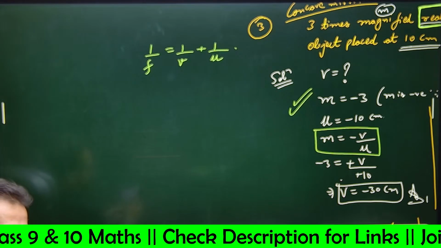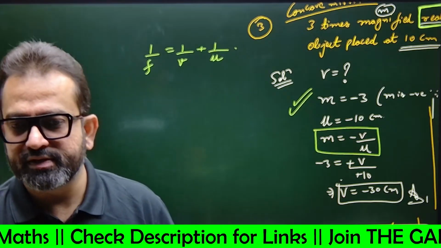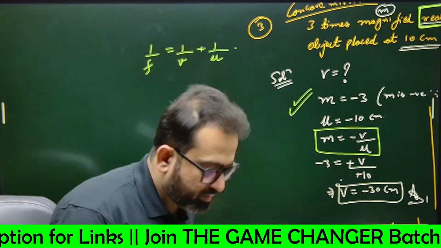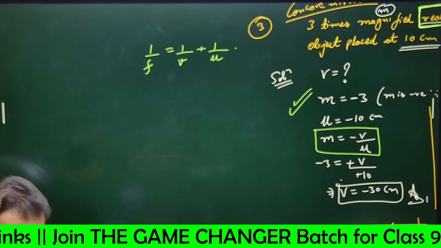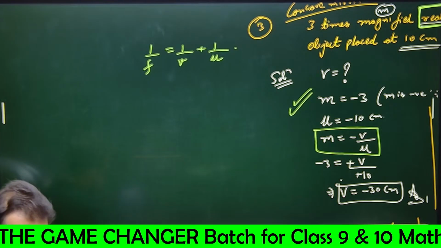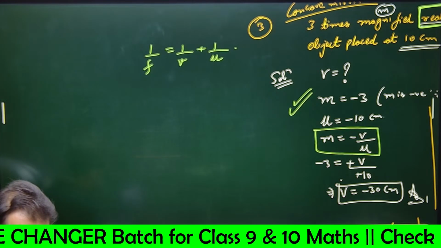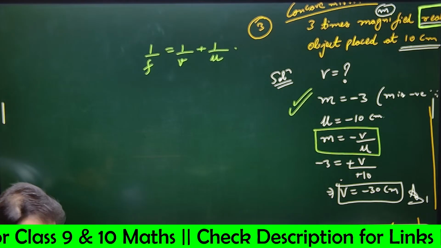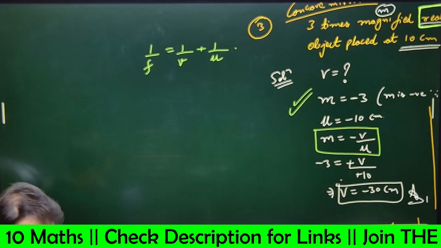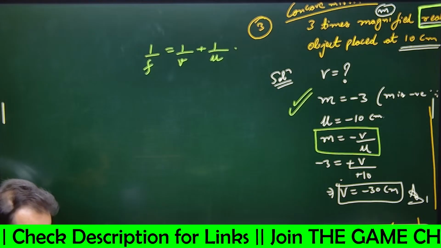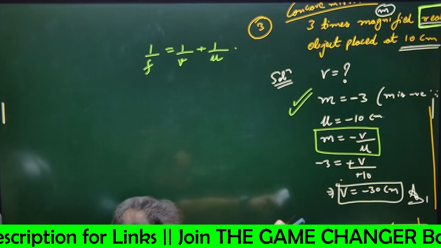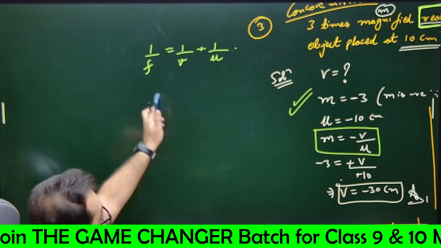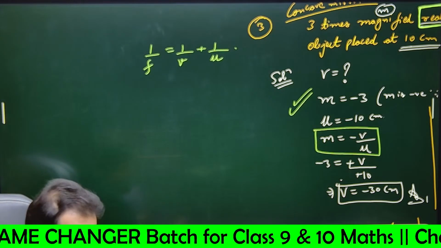Yes, find focal length. Come on, let's see who is going to find focal length. F equals to what? Come on. Calculate fast, I'm waiting. I've given you v equals to minus 30. You find out v first and use it in the mirror formula and find focal length f. Come on.